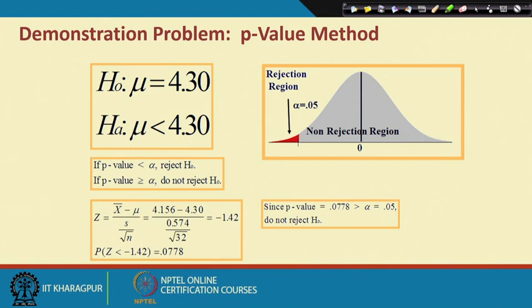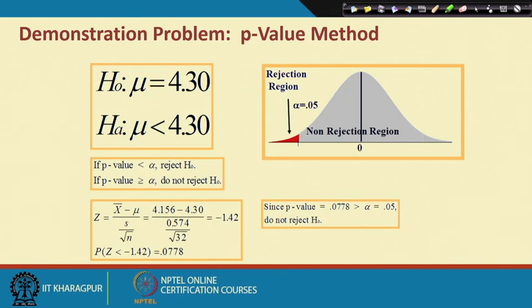So typically we are targeting a one tail test here, and we can also go for a two tail test by putting mu not equal to 4.30, or go for the right-side one tail test by specifying mu greater than 4.30. So there are three different ways we can do this testing. And in the testing procedures we have two different ways to get the inference and take the management decision.